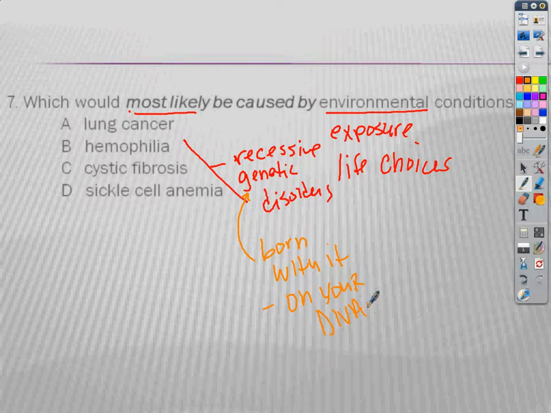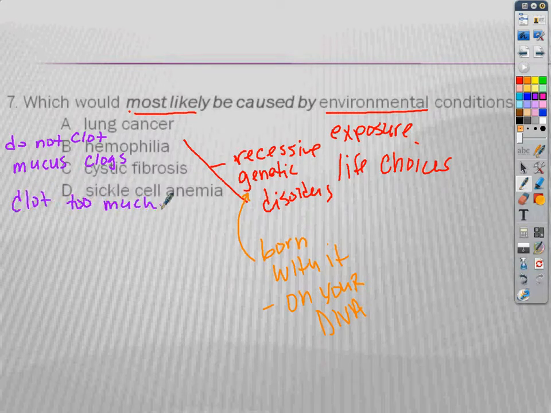Okay, you inherited that from your parents, whether it be hemophilia, which we'll go ahead and go through these because they do pop up sometimes. Hemophilia, they do not clot. Cystic fibrosis, mucus clogs the organs, and sickle cell, they clot too much because again their blood cells are a sickle instead of a circle the way they're supposed to be.